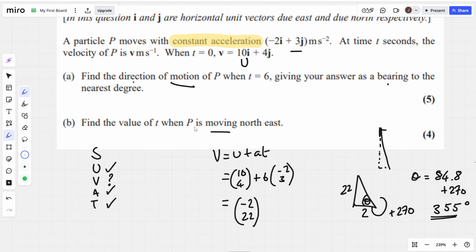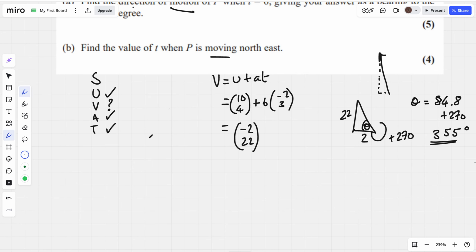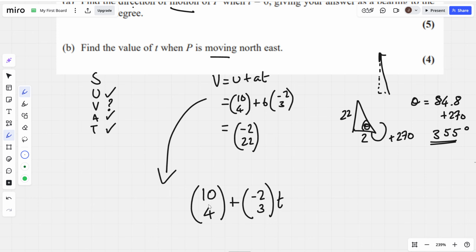So I think what I want to do here is recycle this one first. The thing moves with 10, 4 plus a -2, 3 t. So that's the velocity. That's an expression that tells you the velocity at any t value.